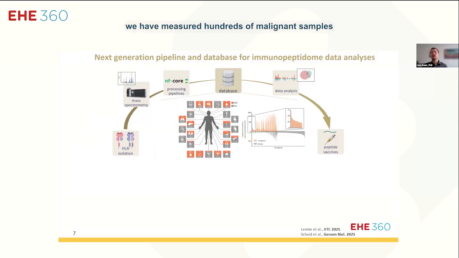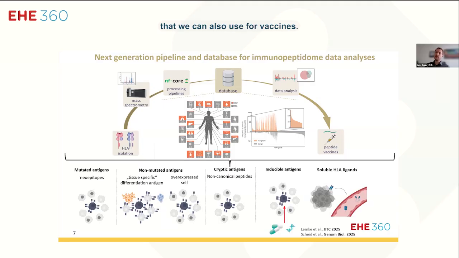We have measured hundreds of malignant samples and also corresponding benign samples, and we can identify from a single tumor thousands of naturally presented antigens. Using this comparative algorithm to compare in our database what we found on tumor and what we found on benign samples, we can identify high-frequent tumor-associated antigens that are even unmutated. And this is a broad spectrum of antigens that we can also use for our vaccines.